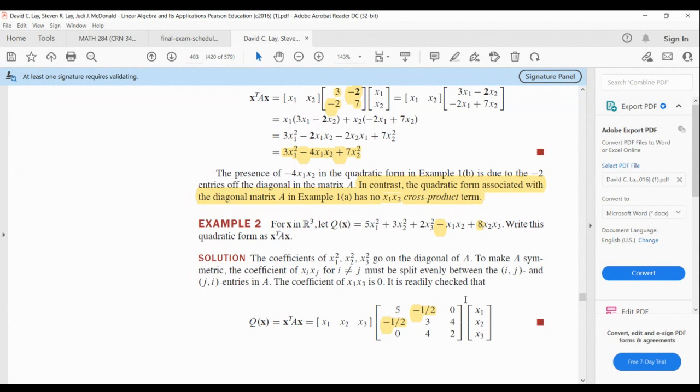There's an 8 here, and x2, x3, second row, third column, they put a 4 here, and they put a 4 here. Can you relate the values -0.5 and 4 to the coefficients of the cross product terms in that quadratic form?